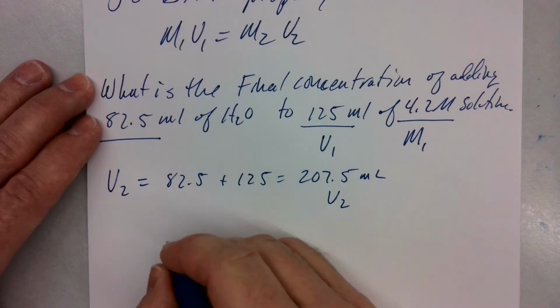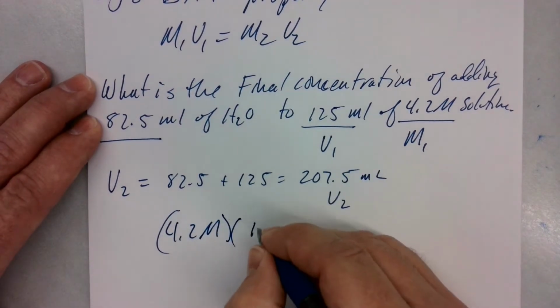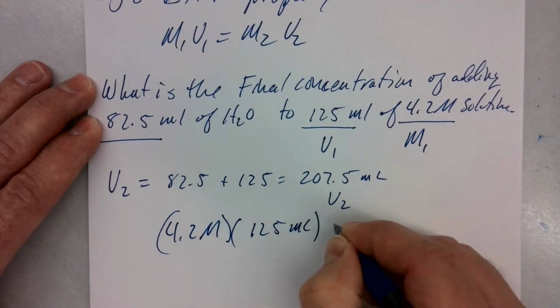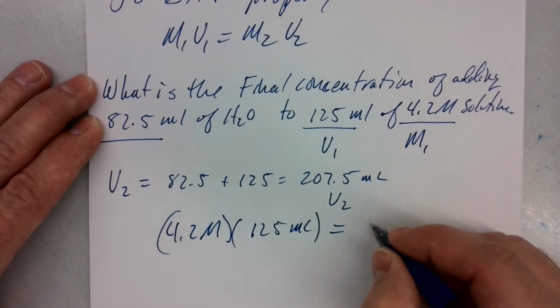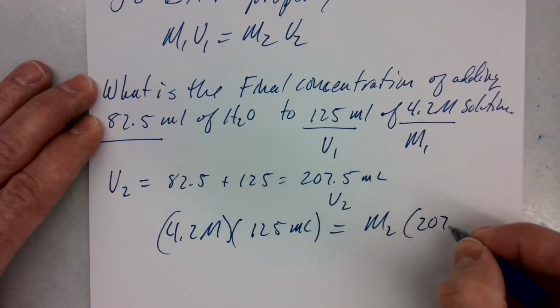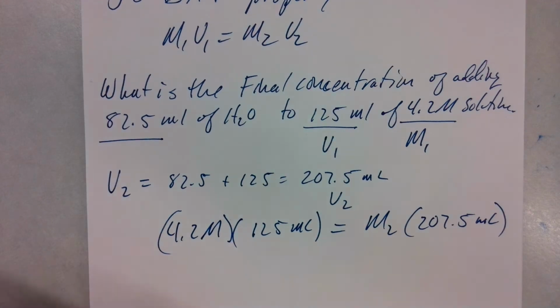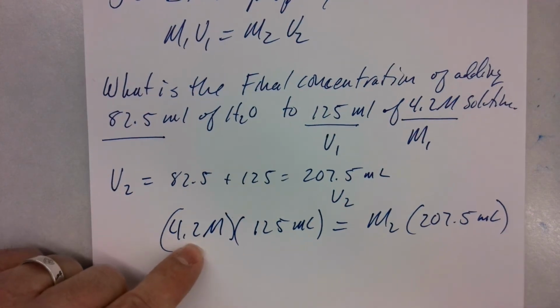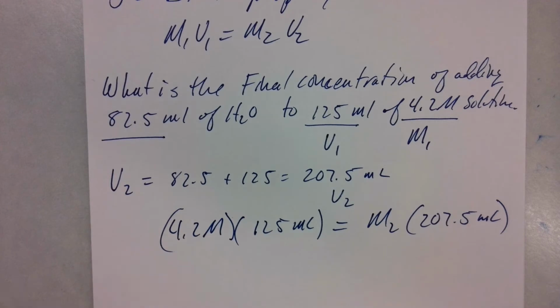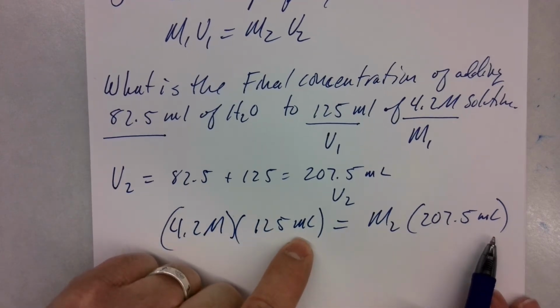So I'm going to have 4.2 molar times 125 milliliters is equal to M2 times 207.5 milliliters, right? Now usually molarity is in what volume? And remember, it's usually in liters, right? Does it matter that these are in milliliters?